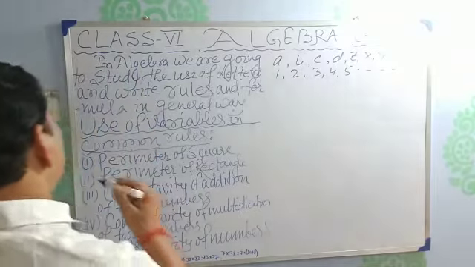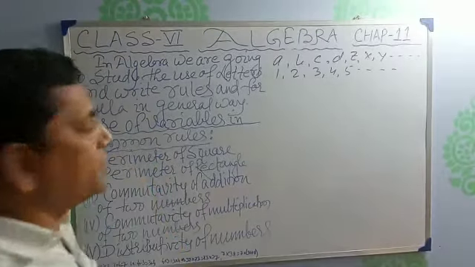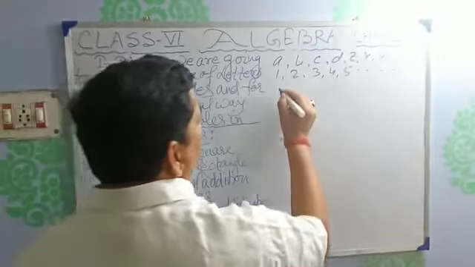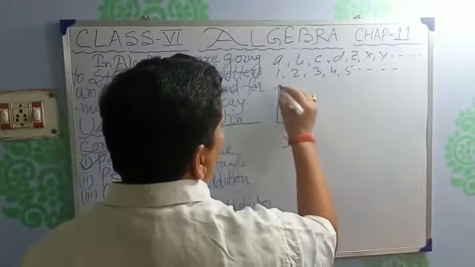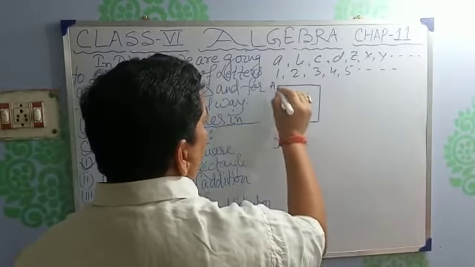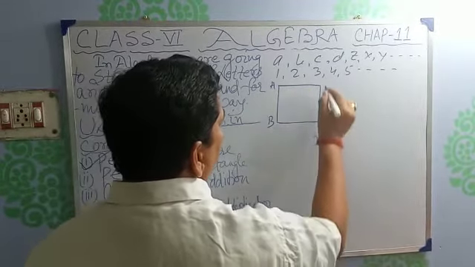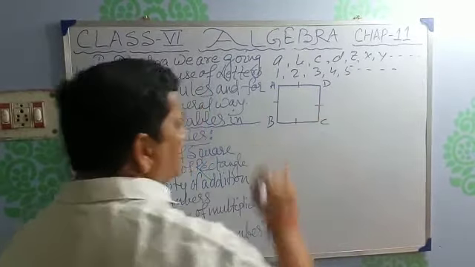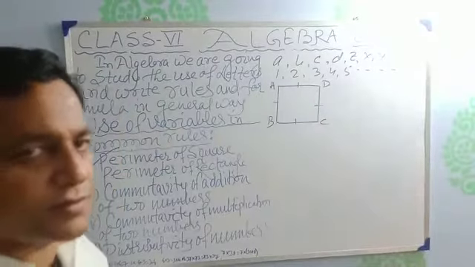First of all, we will discuss the perimeter of a square. Suppose this is a square ABCD. In a square all the sides are equal, we know, class 6.